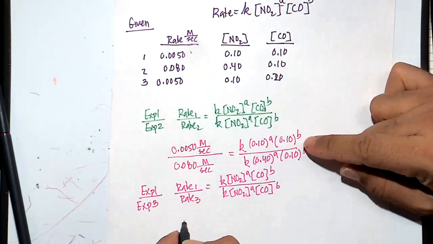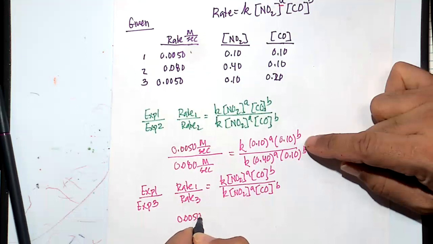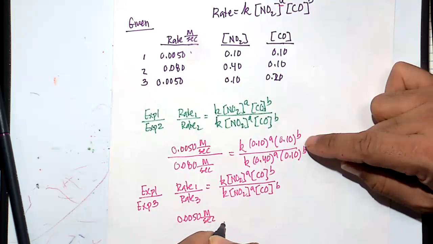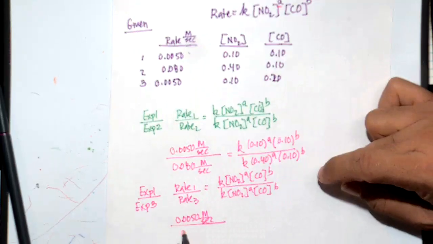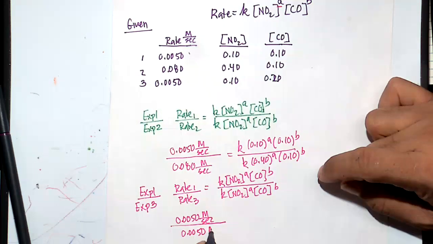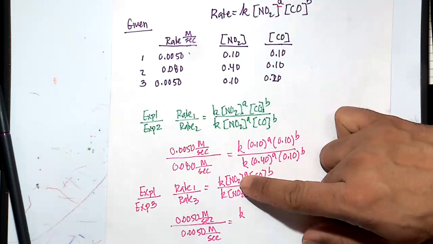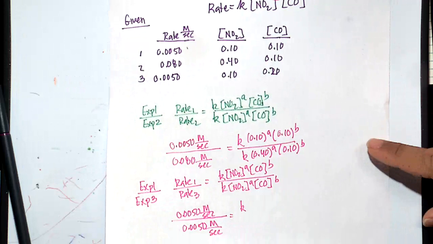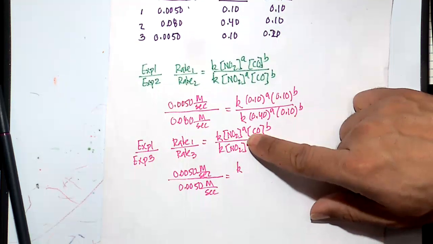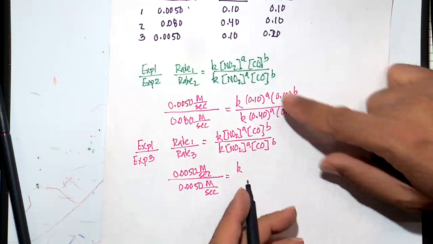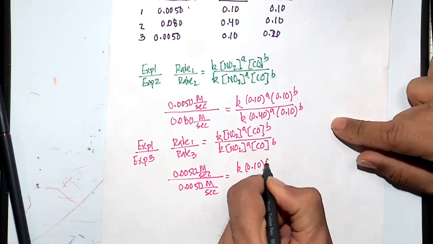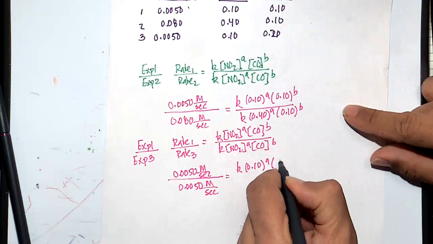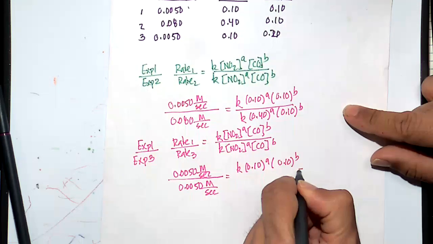Okay, so rate 1 for experiment 1 is 0.0050 molarity over second. Rate 3, experiment 3 is 0.0050 molarity over second equals K NO2, NO2 for rate 1, experiment 1, 0.10 to the power of A, CO, 0.10 to the power of B.